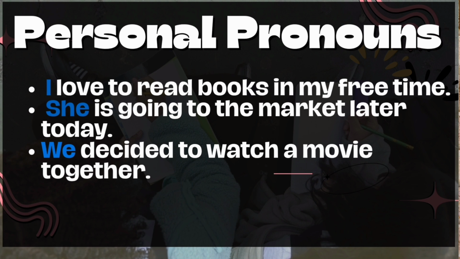Instead of mentioning my name, I just replaced it with I. And in the third sentence, we decided to watch a movie together. Instead of saying Abigail, Tom, Peter, and Bonge decided to watch a movie together, we mentioned we, so that we replaces all those nouns, and we know that it's more than one person that is watching the movie.